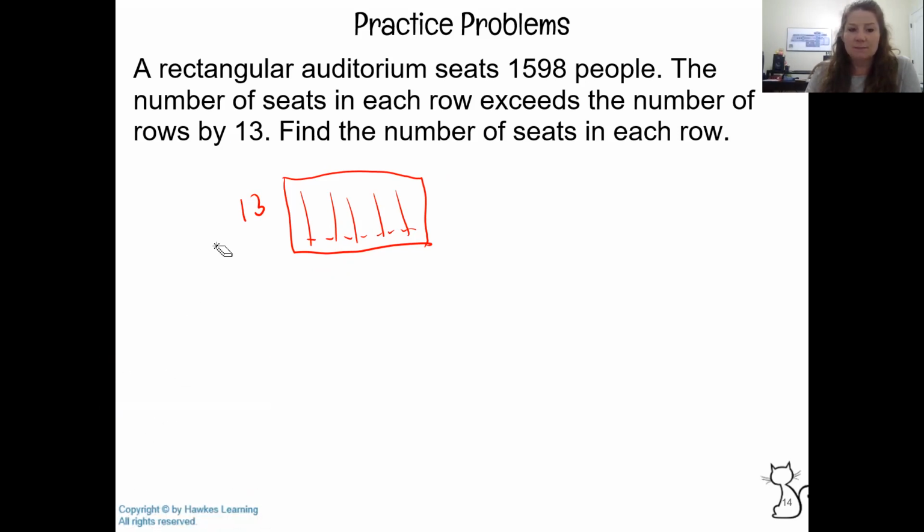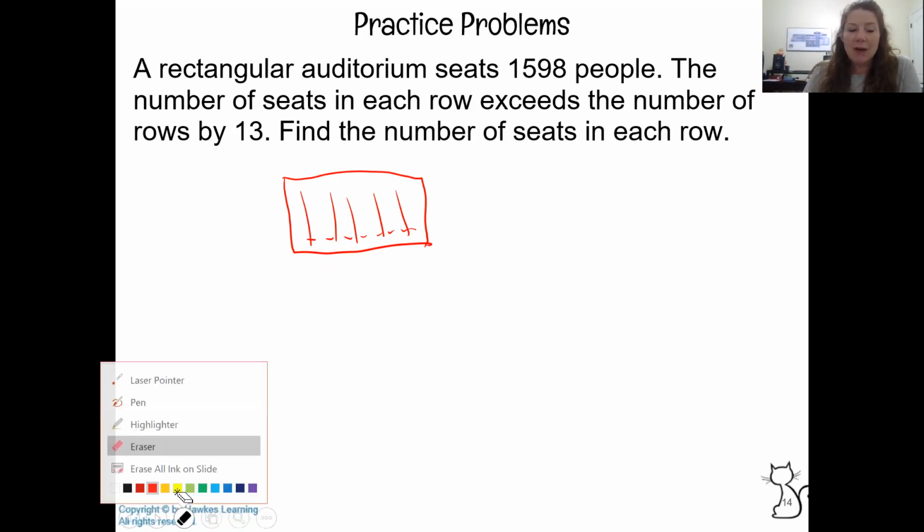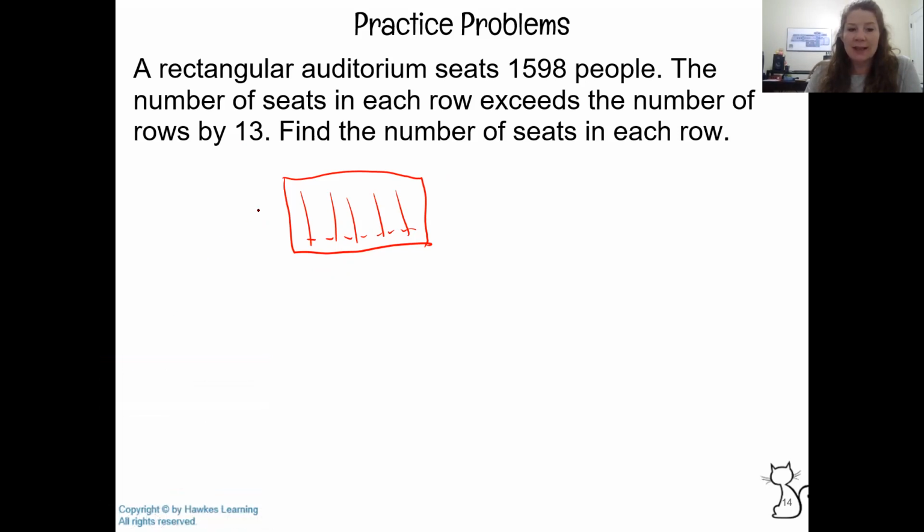Let me get rid of this. However many rows there are, which we don't know, we do know that the number of seats is 13 more than the number of rows. And we know the total the auditorium seats is this.